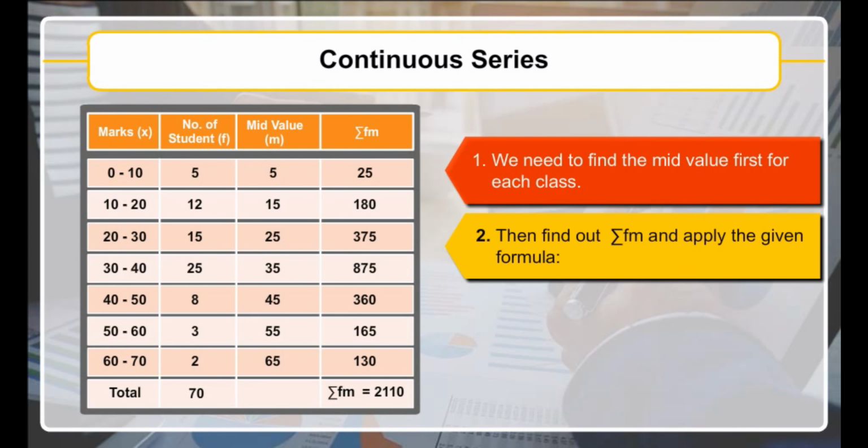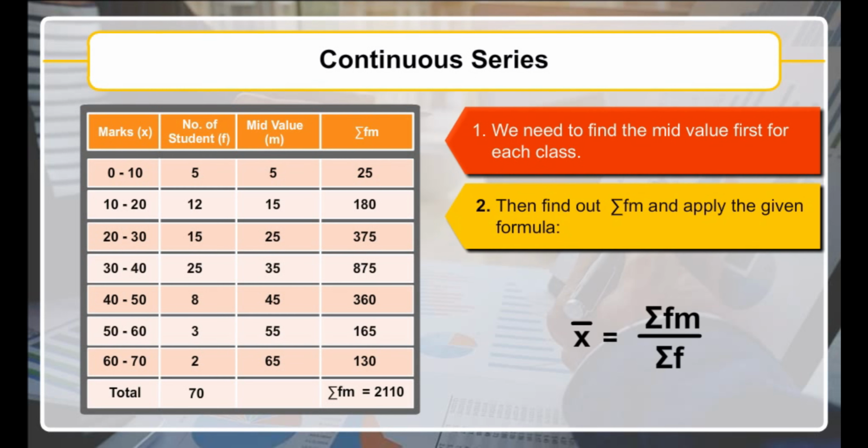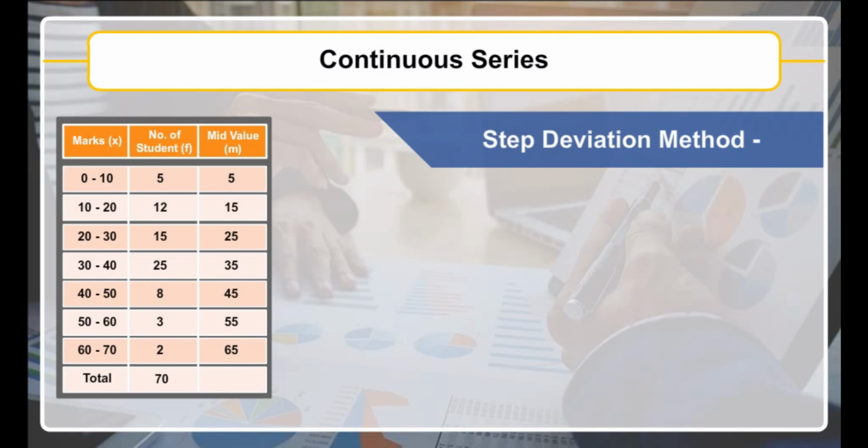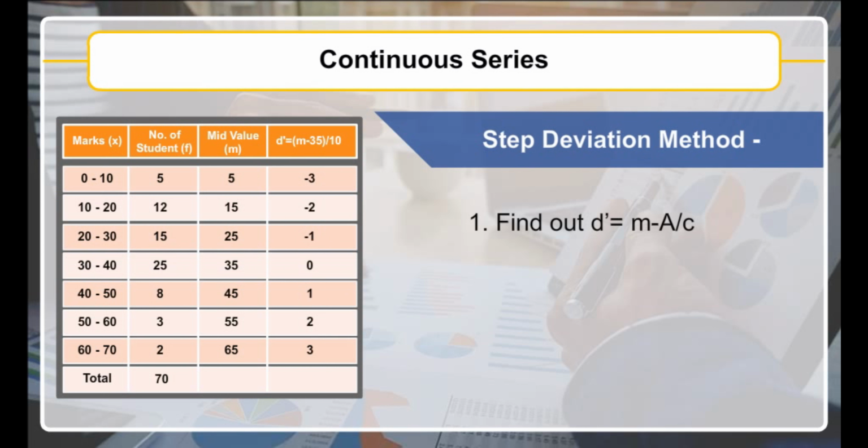Then find summation fm and apply the given formula. x bar equals summation fm upon summation f. Step deviation method. Find d dash equals m minus A upon c. x bar equals A plus summation fd dash upon summation f into c.